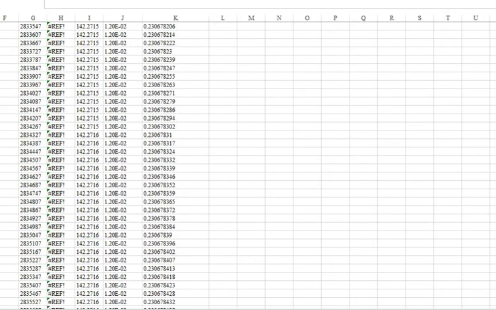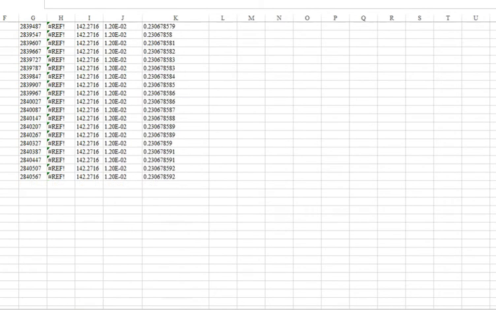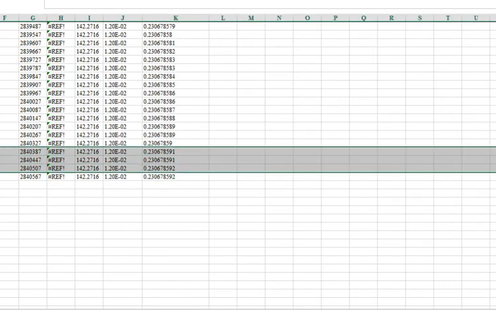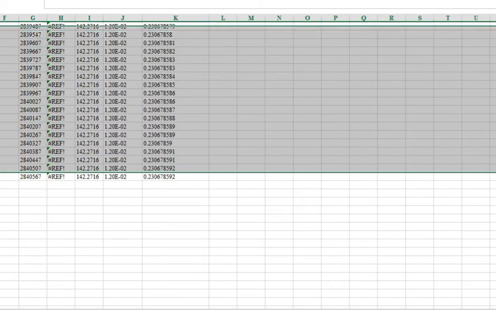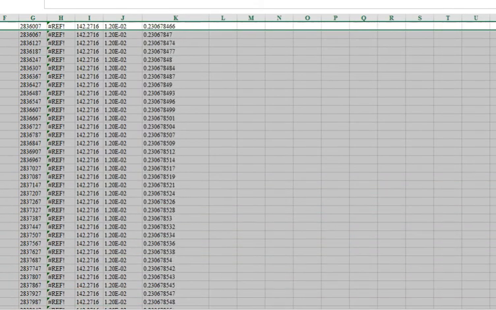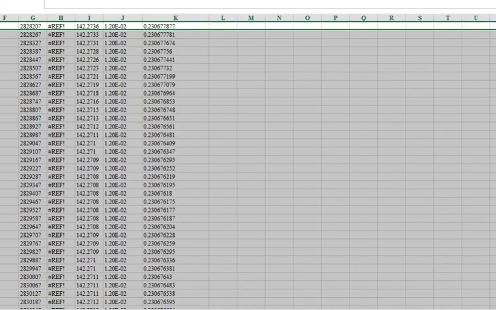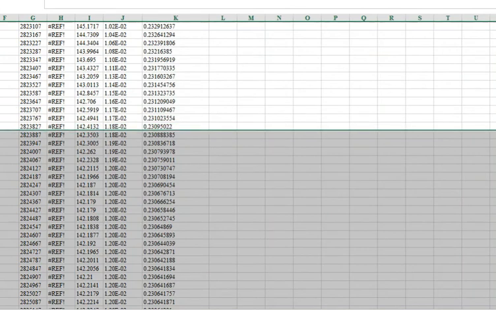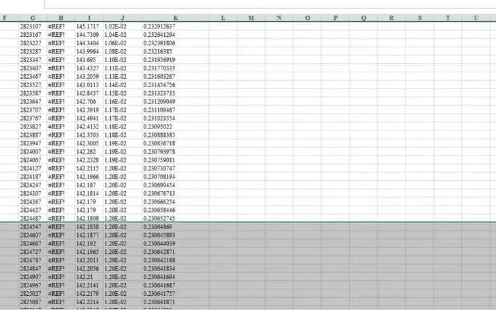And now it becomes stable. Yeah, this part also you can delete, up to here.